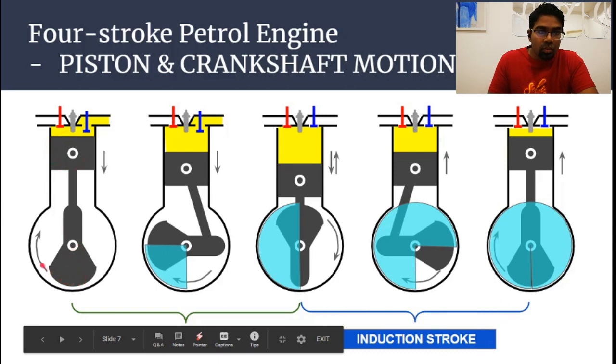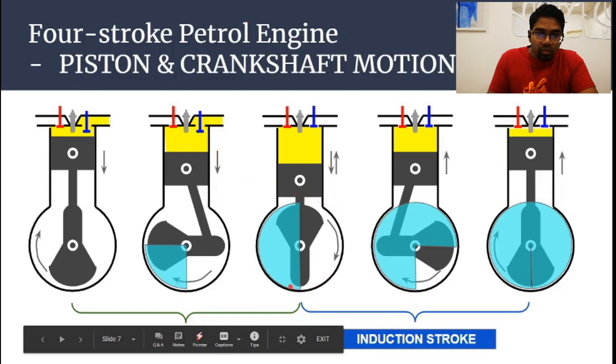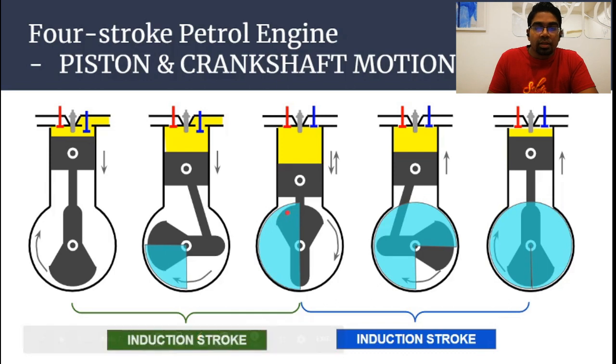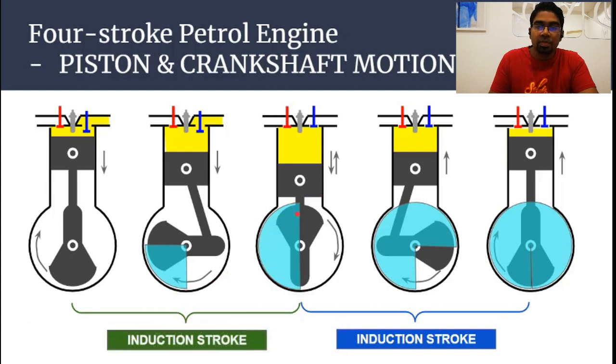So as it moves, this is a quarter circle. Okay, it moves a quarter circle, then it's halfway down, and then it moves half, it's all the way down. So from bottom to top is half a circle, half a revolution. And then this is the induction stroke. For the induction stroke, the crankshaft has already made half a revolution.